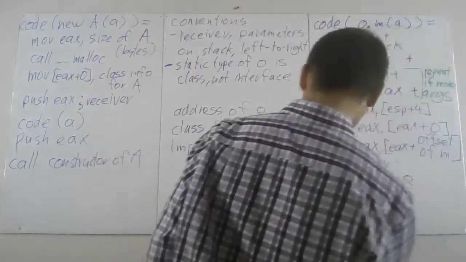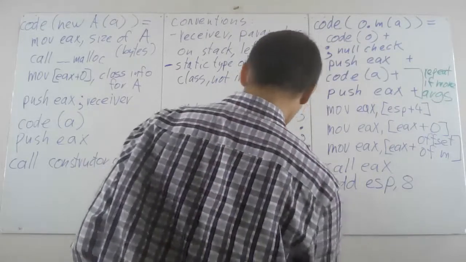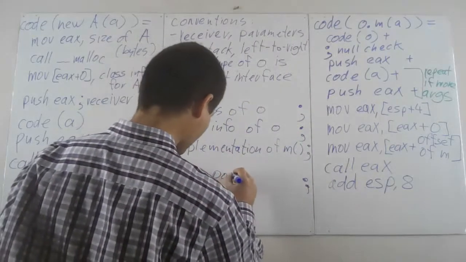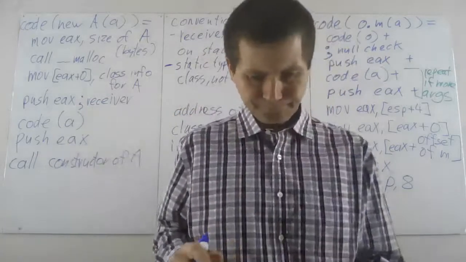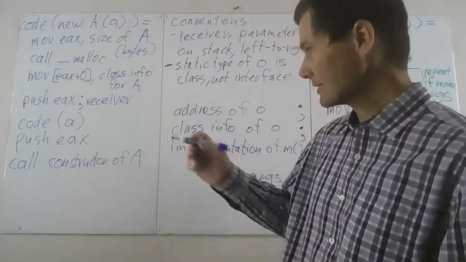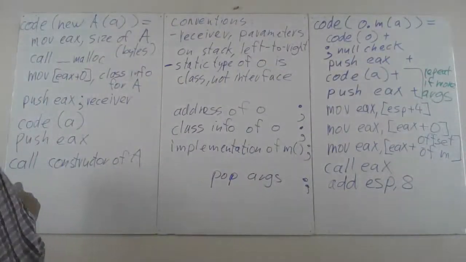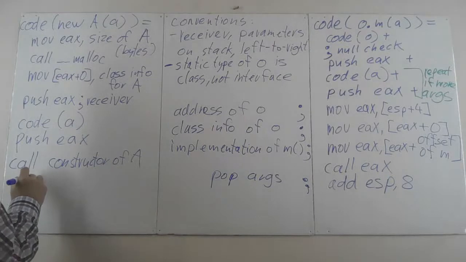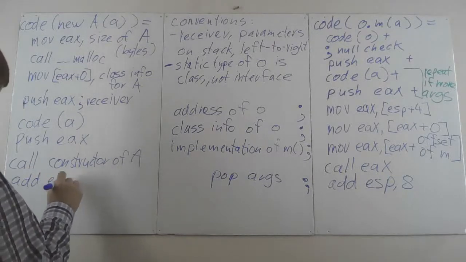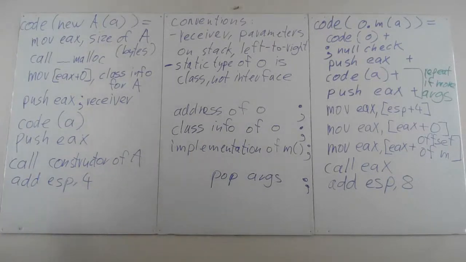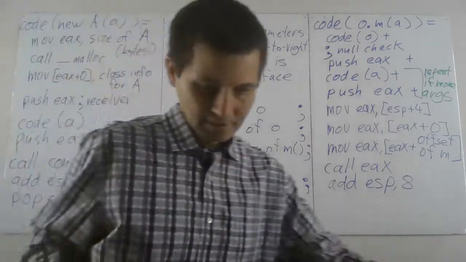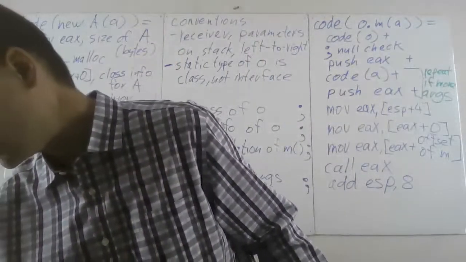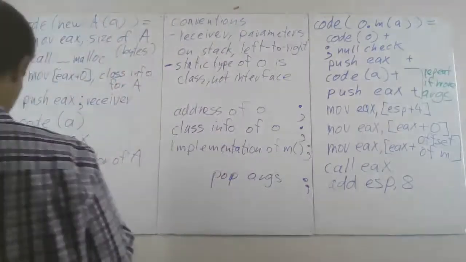I should put a comment here for that. Pop arguments. All right. And in this case, I'm going to do it a little bit differently. So I'm going to add only 4 to ESP, the stack pointer, and then I'm going to pop EAX, and I'll get my red marker to connect these up.